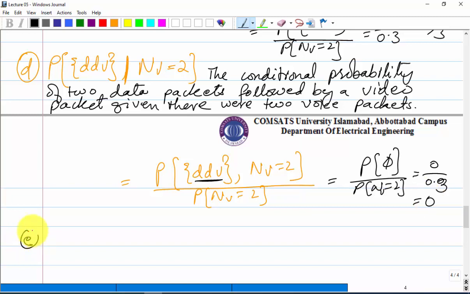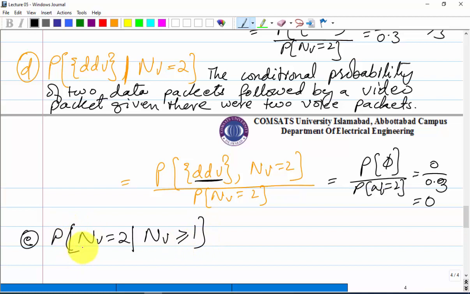The next part says the probability of NV equal to 2 given NV greater than or equal to 1.